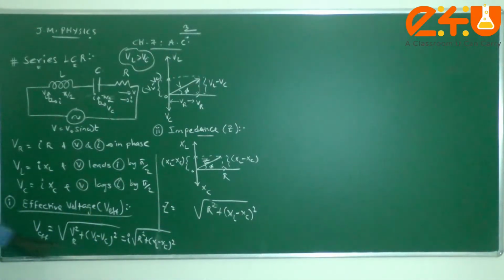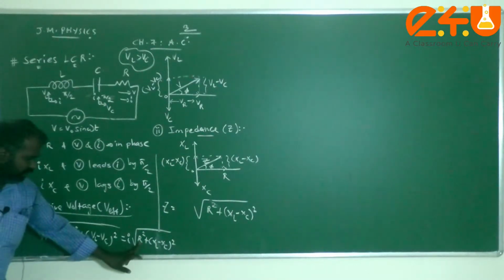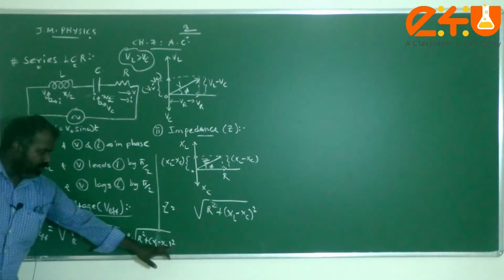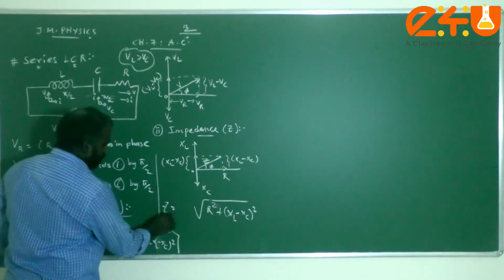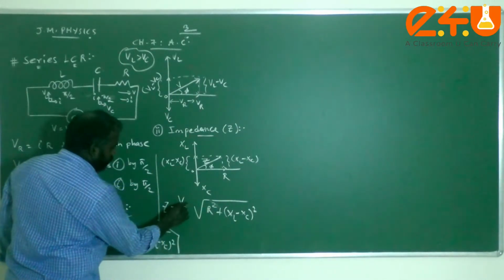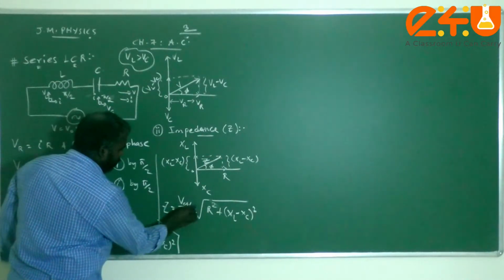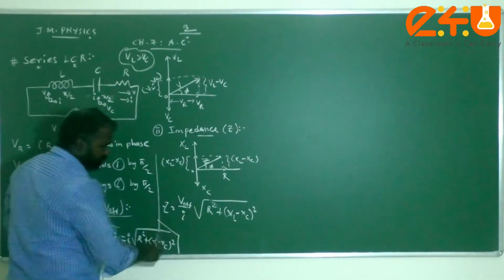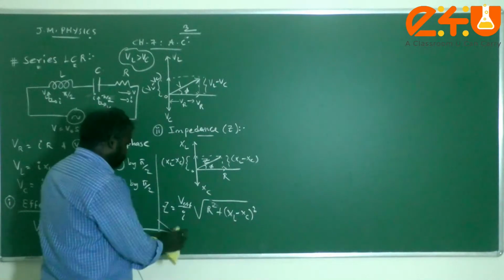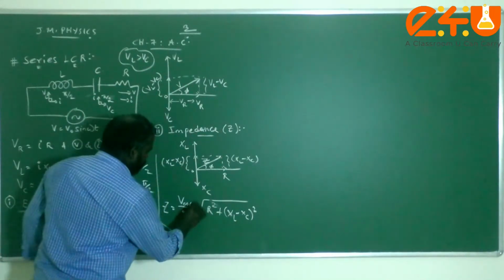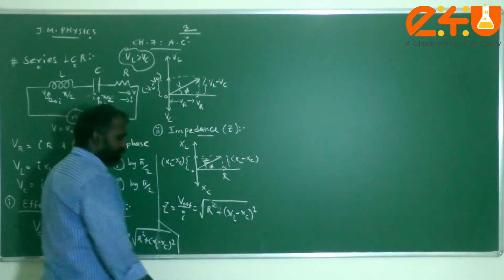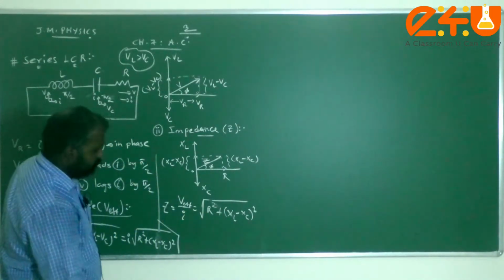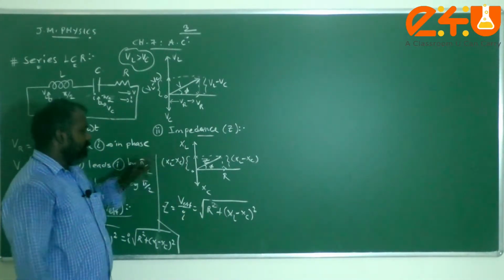So from this we can write that V effective divided by I is nothing but the root of R square plus XL minus XC whole square, that is nothing but the Z value. Therefore I can say that Z is nothing but V effective divided by the current in the circuit, that is equal to the root of R square plus XL minus XC whole square. So this is the expression for impedance.